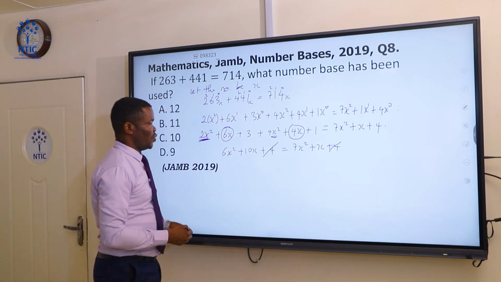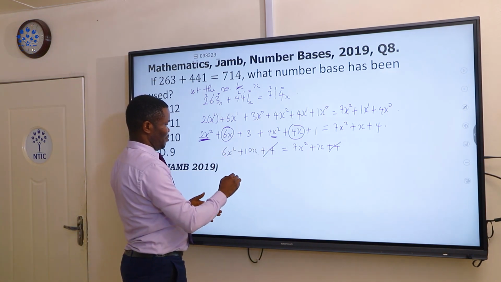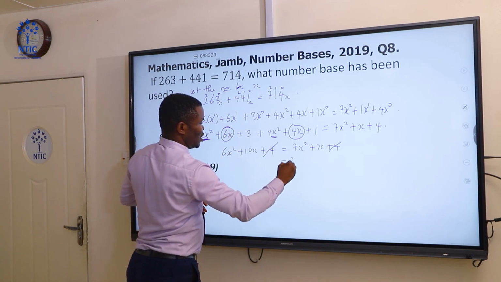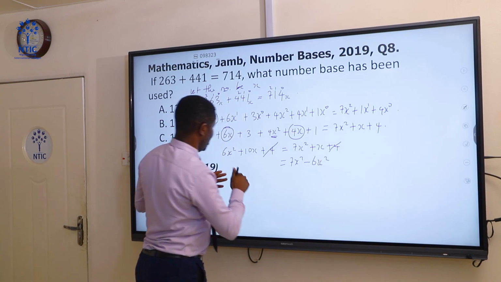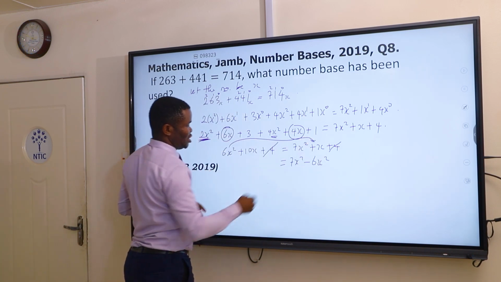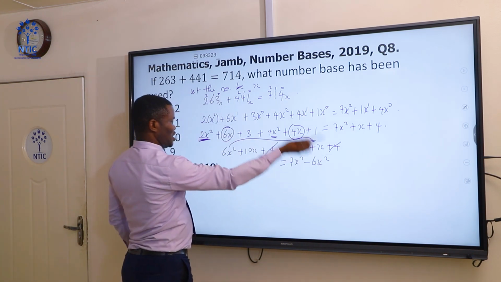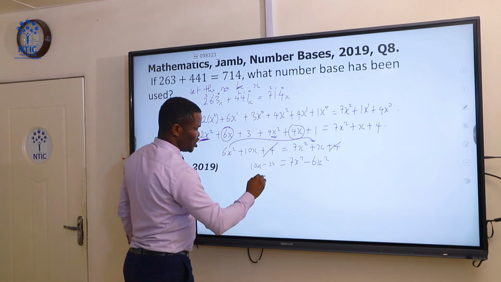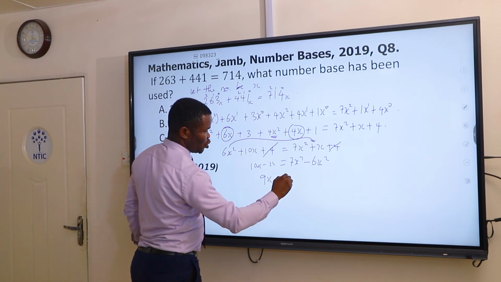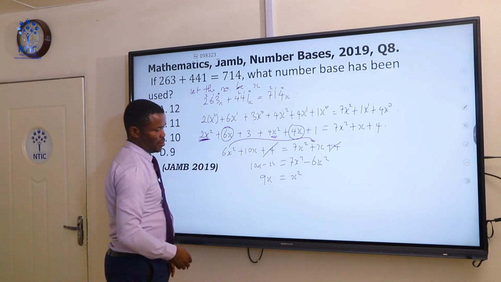So what we have now is this: 7x squared minus 6x squared, moving the 6x squared to this side. Then x to this side is going to be 10x minus x. So this is 9x equal to x squared.